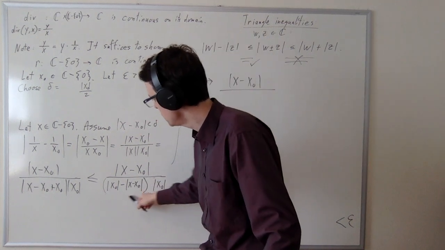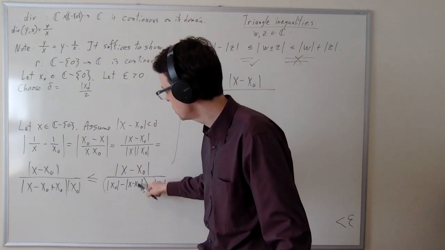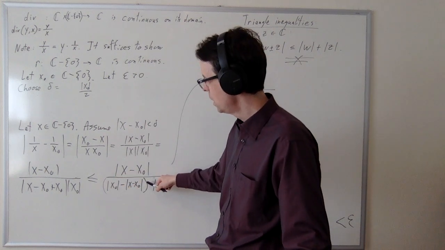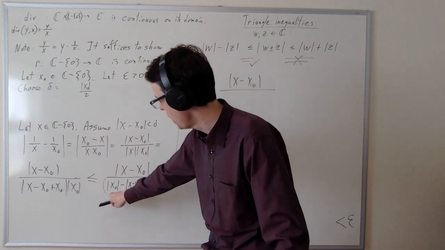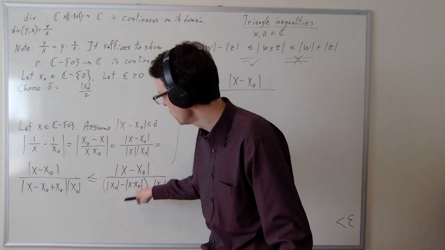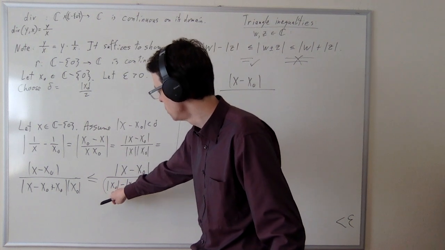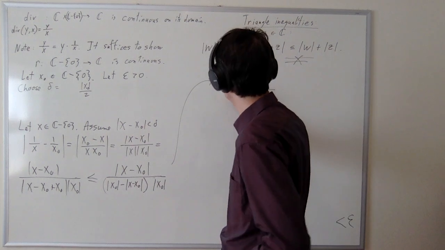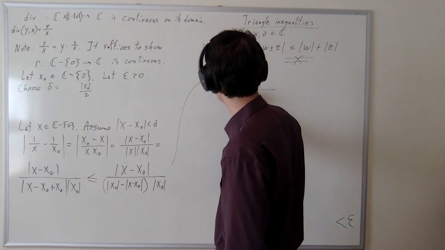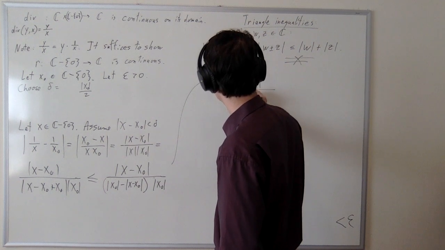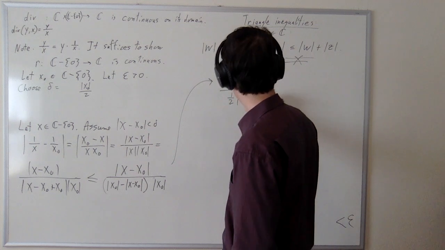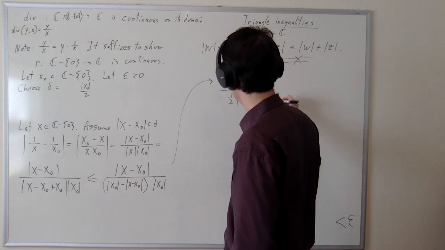This thing in parentheses, because this is less than half of that, will be greater than or equal to half of that x naught. So half modulus x naught. And then I've got the other modulus x naught here.